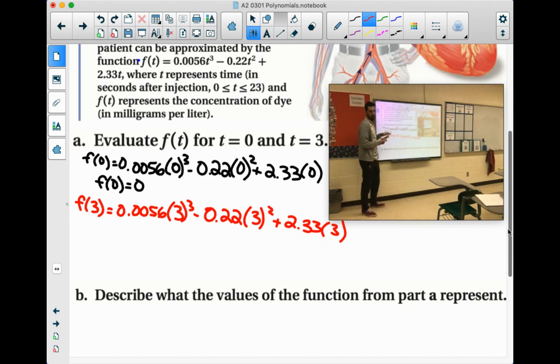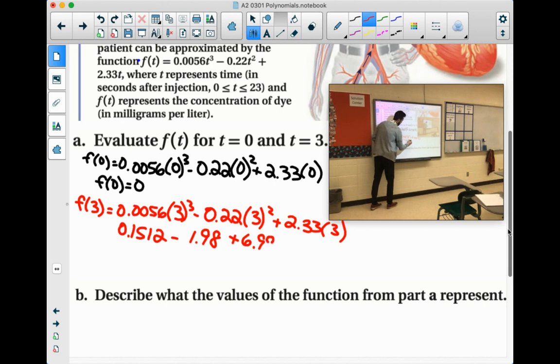So remember your order of operations. You do your exponents first, and then you'll multiply. So 3 to the third is 27 times 0.0056 is 0.1512. 3 squared is 9 times 0.22 is 1.98. And 2.33 times 3, 6.99.